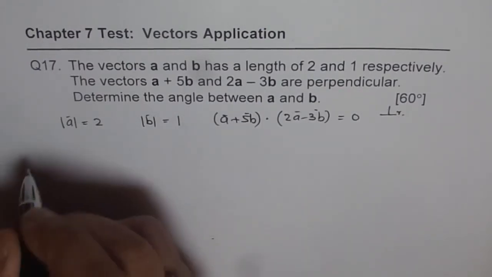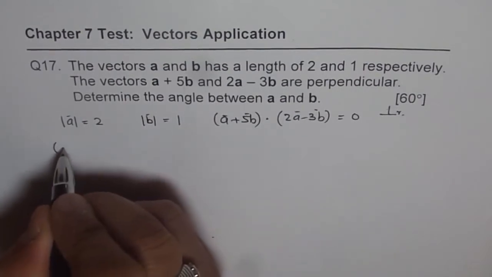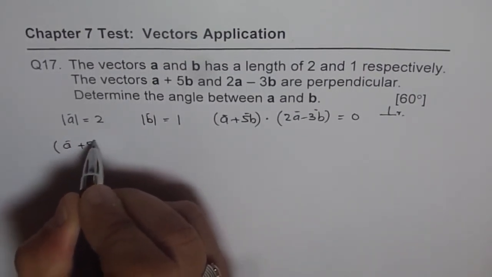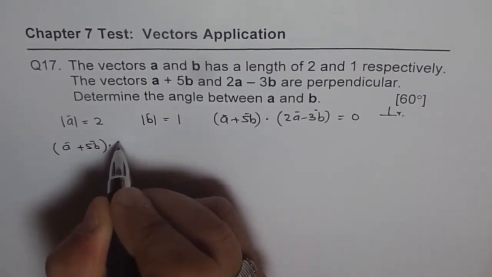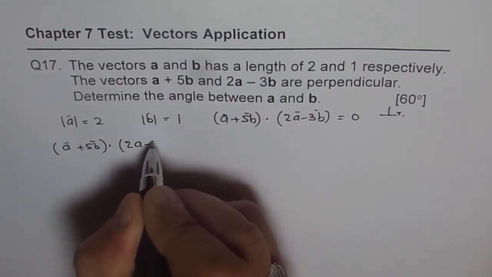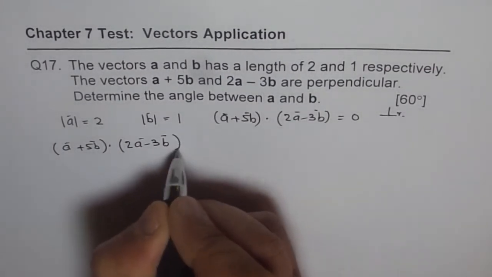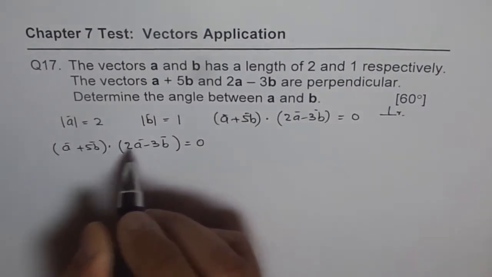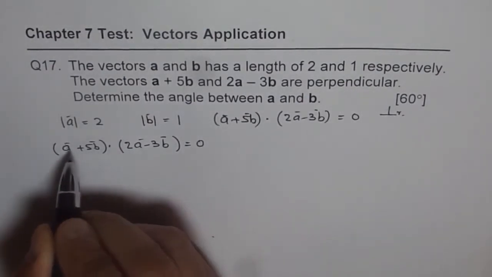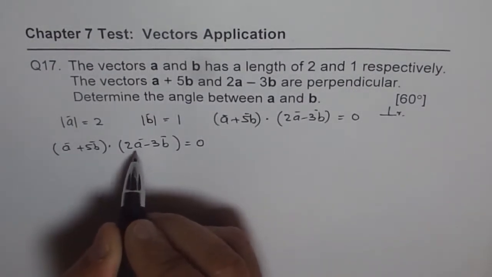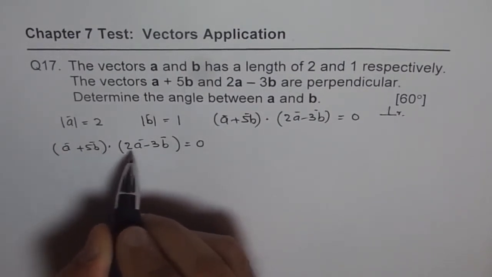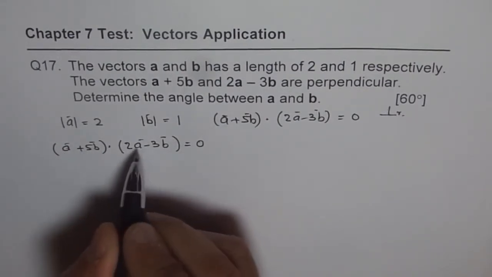Okay, so let's start. We have vector (A plus 5B) dot (2A minus 3B) equals 0. So let's expand. We get 2 times A dot A, and using the dot product rule, A dot A gives magnitude of A squared.